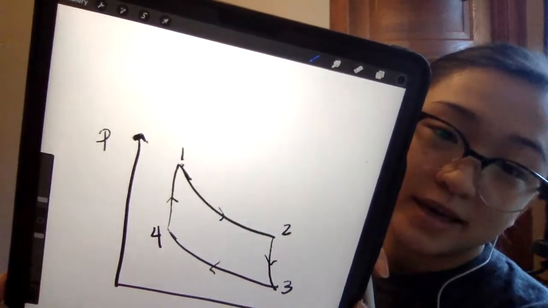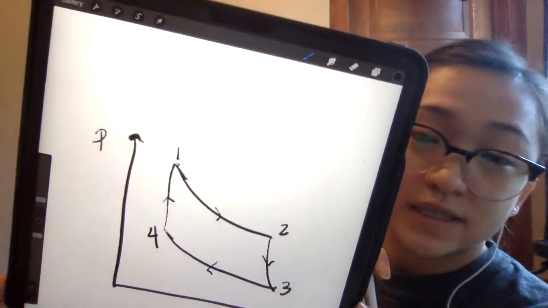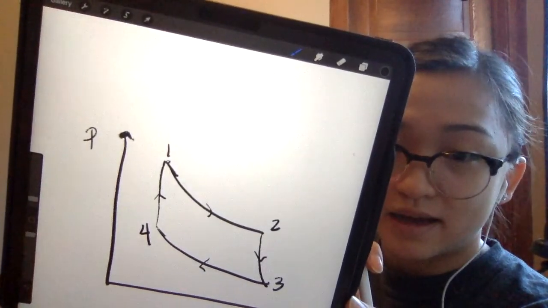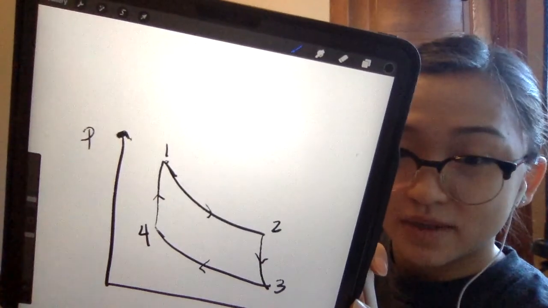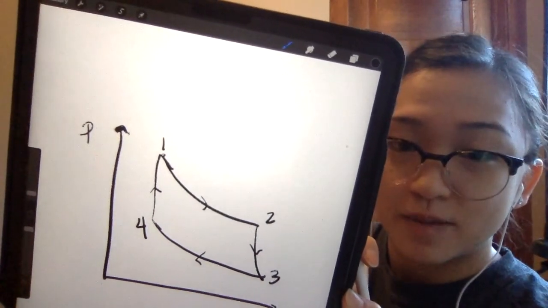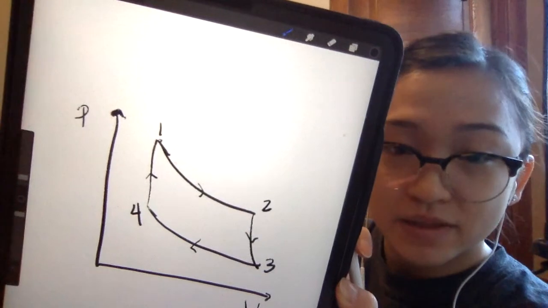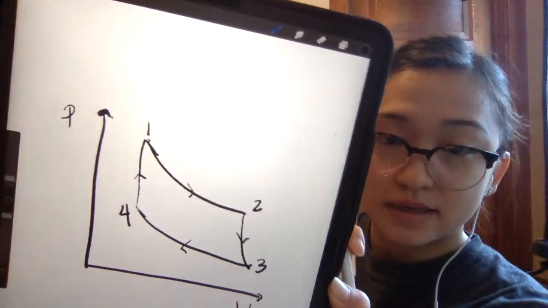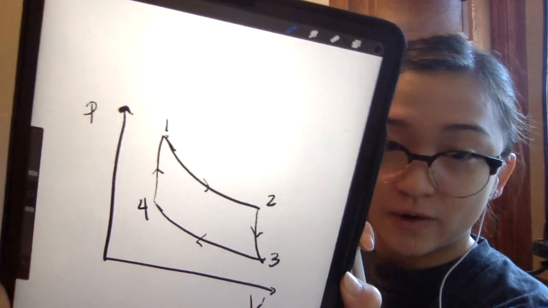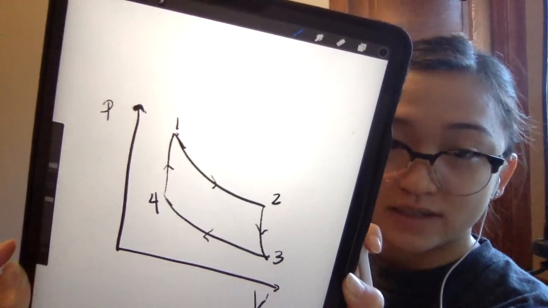Going from state 1 to state 2 is an isothermal expansion, and then from state 2 to 3 is an adiabatic expansion, and then 3 to 4 is an isothermal compression, and then going back from step 4 to step 1, to the original state, is an adiabatic compression. The Carnot cycle is important because it shows us that entropy is a state function.